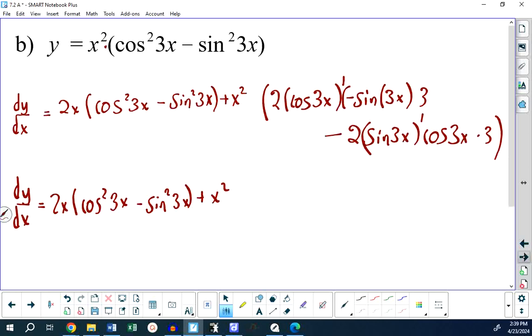We have negative 6 sine 3x cos 3x and negative 6 sine 3x cos 3x. Yes? So that gives us negative 12 sine 3x cos 3x.